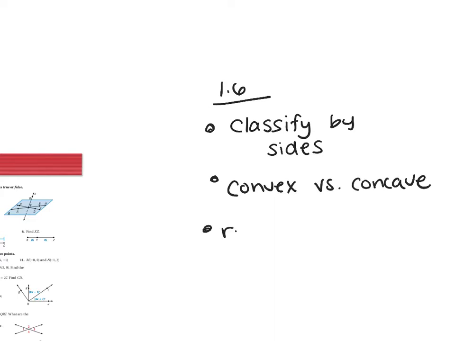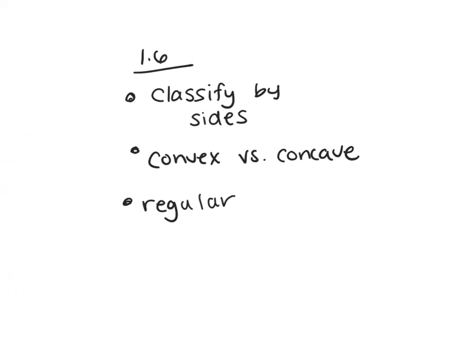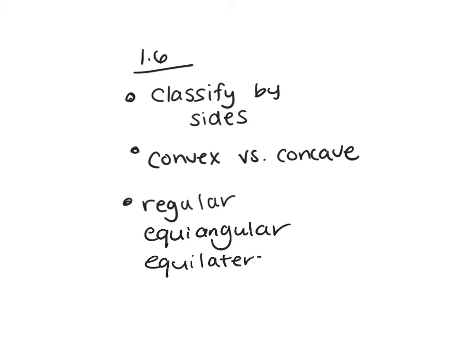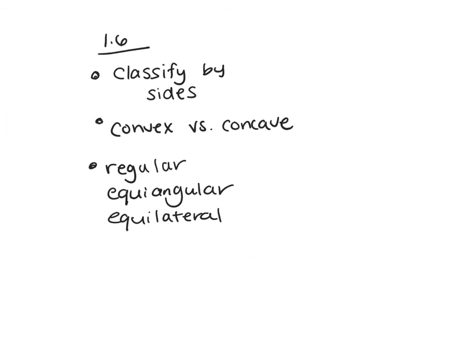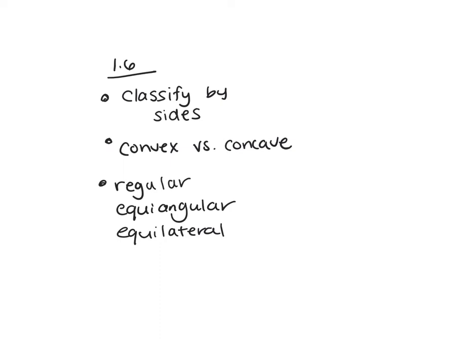You need to know if it's regular, equiangular, equilateral. Oh, and if it's even a polygon to begin with. So no curved edges. Every segment has to touch exactly two.